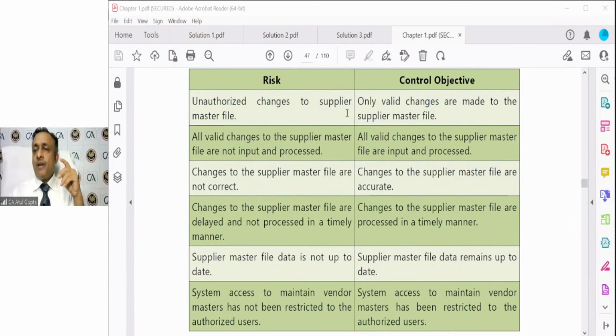Okay. Now how do you remember it, how do you learn it? One thing you can note is that I'll be adding something to the discussion, and this can be part of your learning note. This is the risk, then this has to be the impact. So: unauthorized changes to supplier master file. Now, you need to understand what changes could be done.